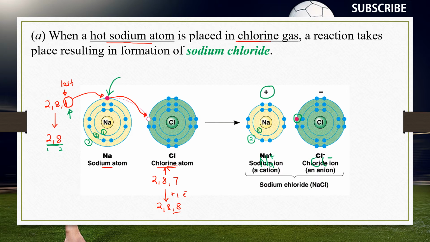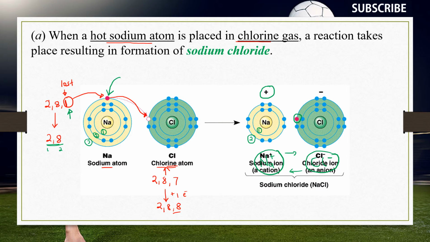Whenever we have this cation which is positively charged and this anion which is negatively charged, opposite charges attract. This attraction is what keeps these ions together, as we are going to see in our next slide using a different example similar to chlorine.